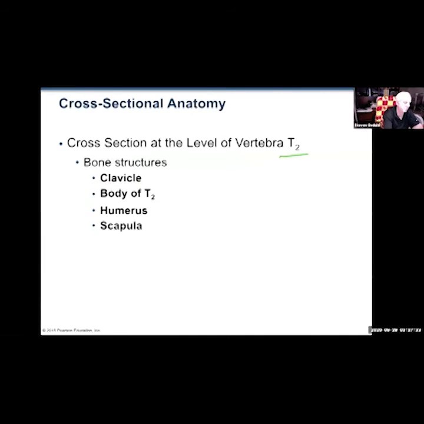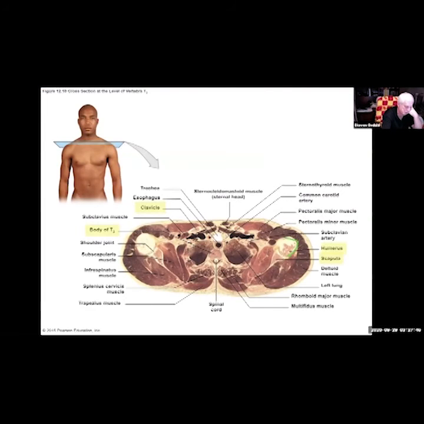T2, second thoracic vertebra. We're going down lower now. You'll be able to find the clavicle, the body of T2, the humerus, and the scapula. So here's the humerus below the shoulder joint. That's the bone that's cut right there. And this muscle right here, this huge thing, that's your deltoid muscle.